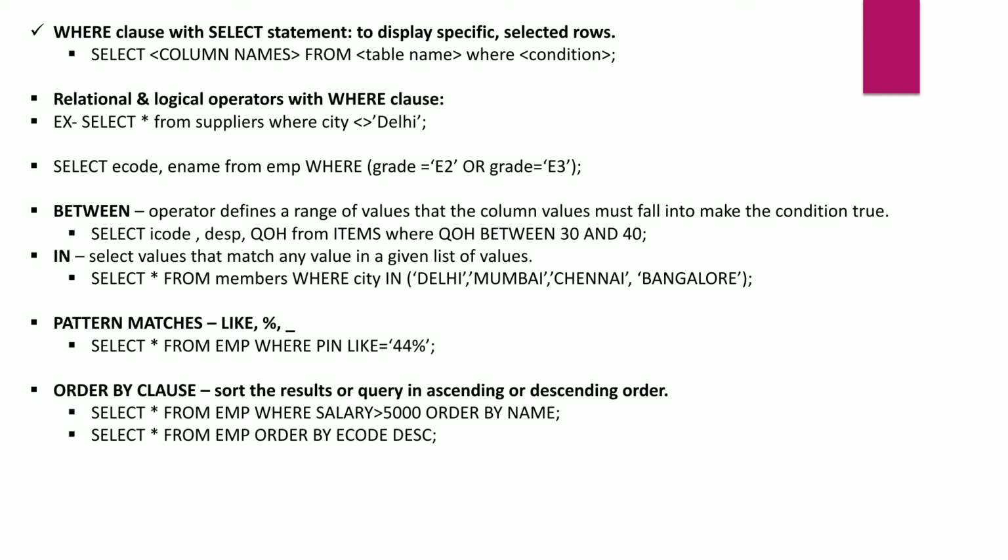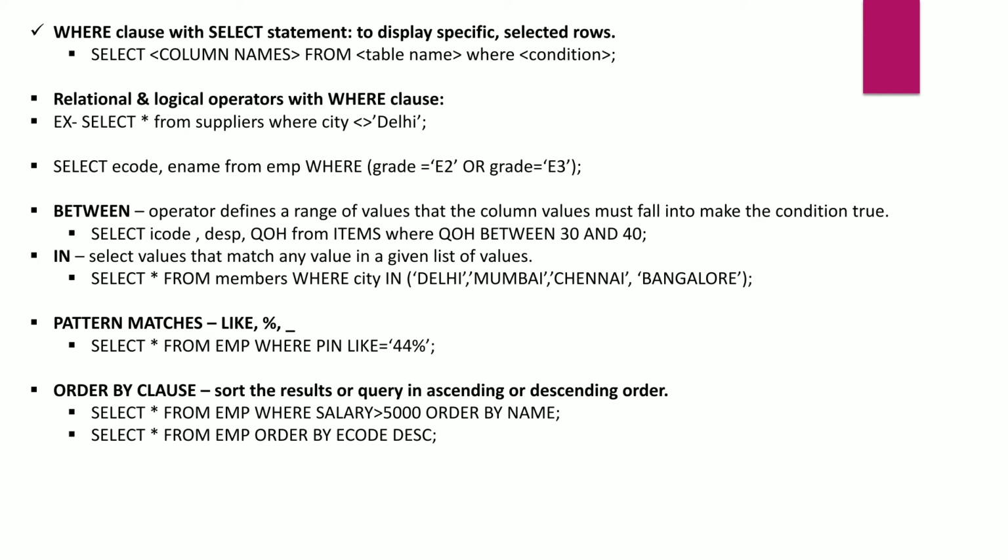WHERE clause. The WHERE clause is a very important clause in SQL. By using the WHERE clause with the SELECT command, you can display specific or selected rows. The syntax is: SELECT column names FROM table name WHERE condition.